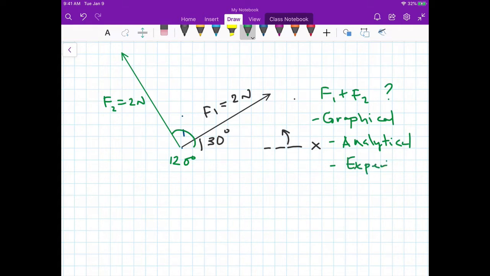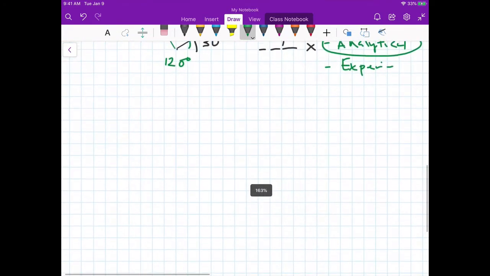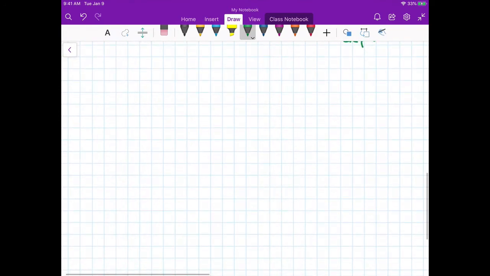For the analytical, you follow the theory that is covered in the lecture video. For the graphical method, you are going to use the following steps.